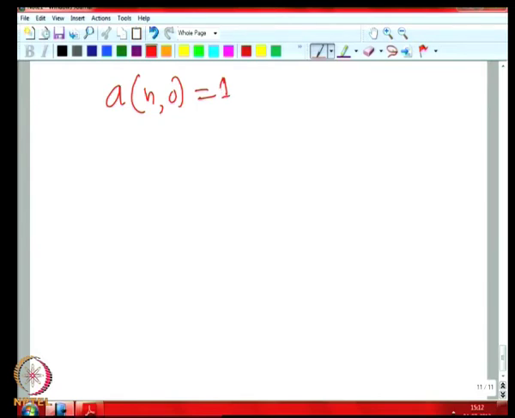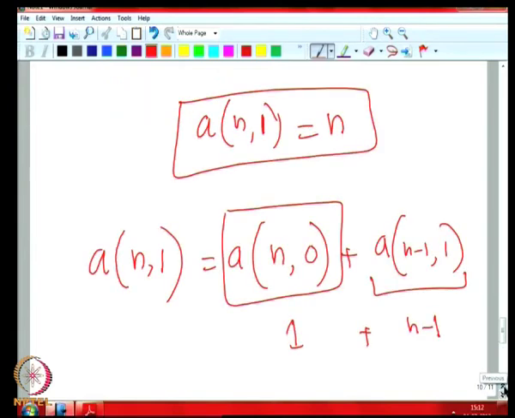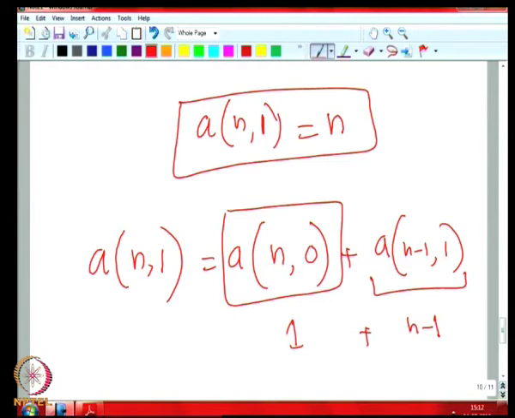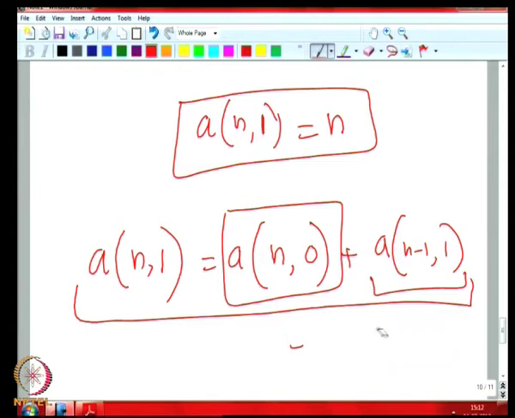Now, where will we start? We decide that this recurrence relation is true for all r greater than or equal to 1.